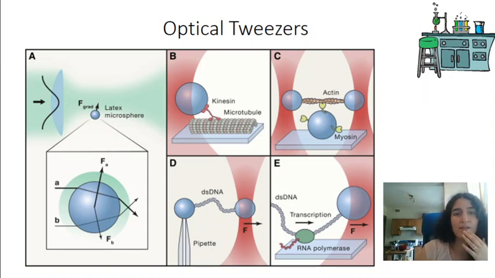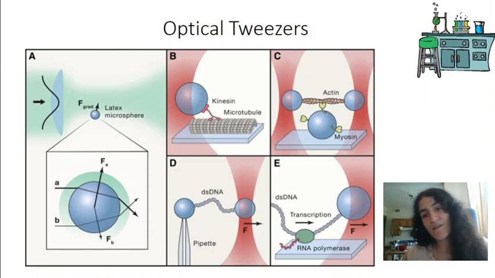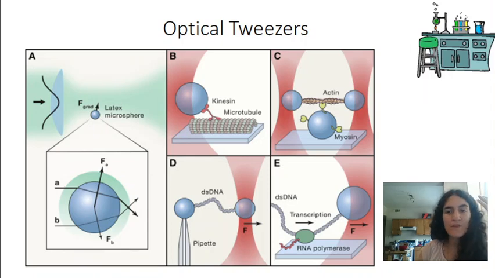When we put a dielectric bead, a plastic bead, in this laser beam, it acts like a tweezer. We call these optical tweezers because we can trap very, very small spheres. Here it says it's a latex sphere.